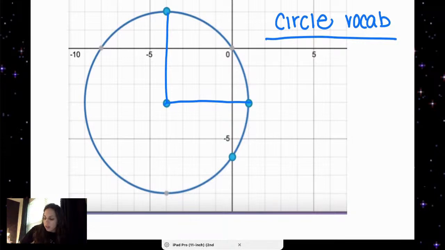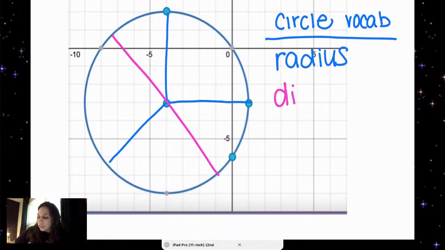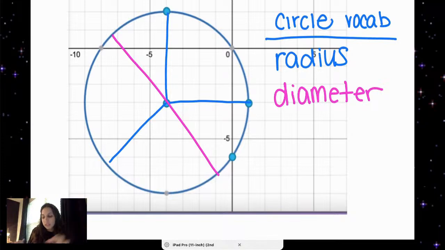So all of these blue lines are radius. It is the distance from the center of the circle to the outside of the circle. All right, I'm going to switch colors. Diameter is the distance from the outside of the circle to the outside of the circle, but it must go through the center.